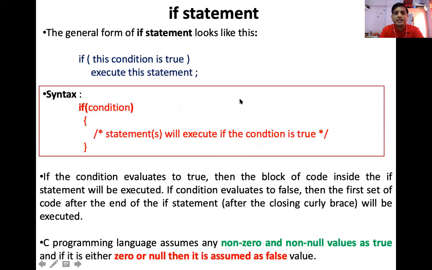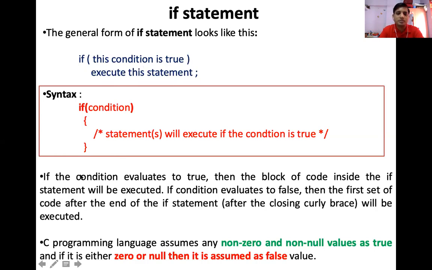Okay, so the syntax is very easy here: if condition, then in curly brackets we put the different statements that have to be executed if that particular condition is true. Or simply, if this condition is true, then execute these statements. Otherwise, if the condition is false, do not execute these statements.